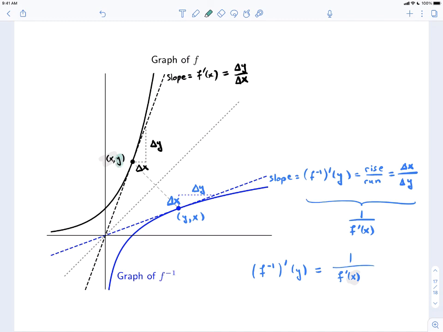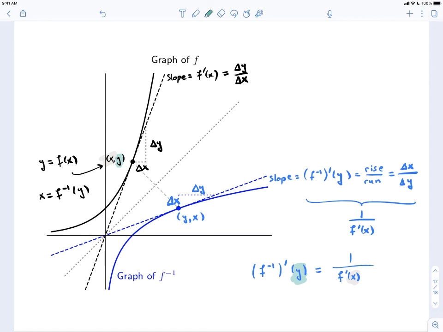We want our formula in terms of y, and currently it's in terms of x, but there's a relationship between x and y. These are the two x's and y's right here. And what are they? Well, we know that this y is equal to f at x. So another way of saying that is that x is equal to f inverse of y. These mean the same thing.